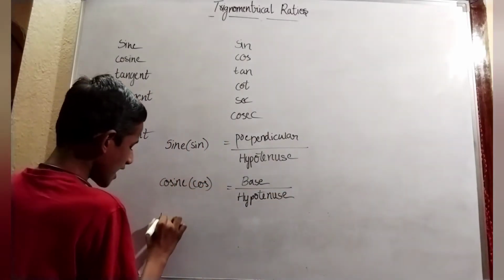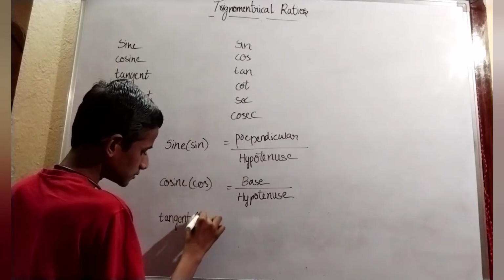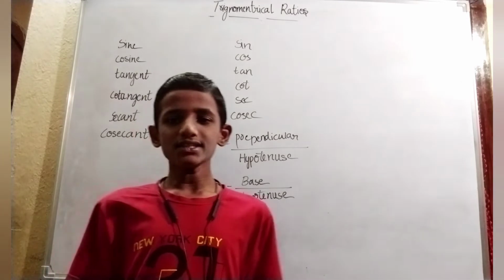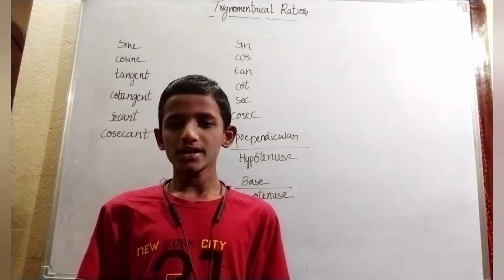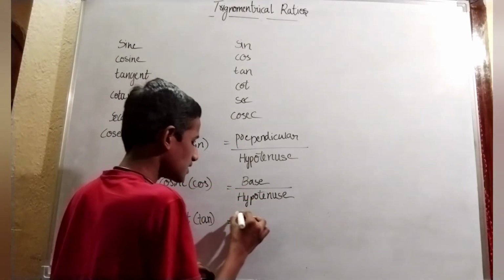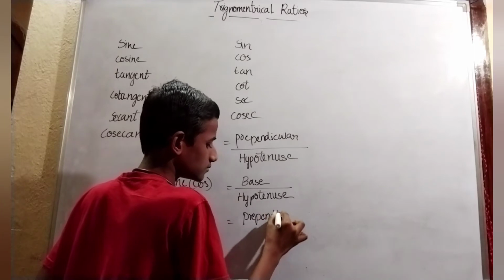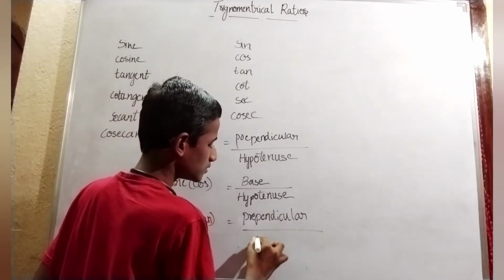Next, tangent. That is tan. Tangent is defined as the ratio between the lengths of perpendicular and base. That is perpendicular by base.